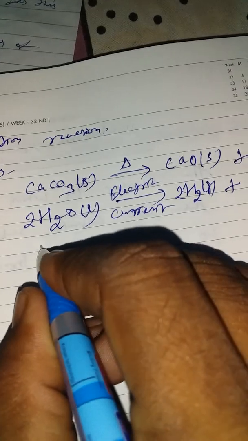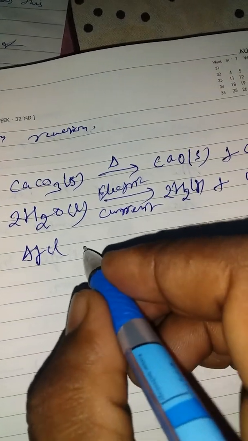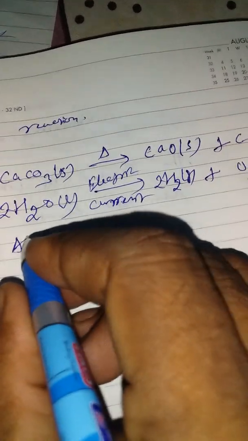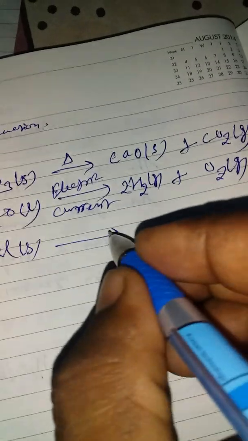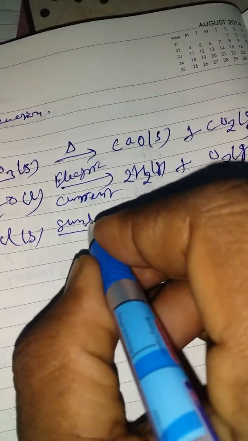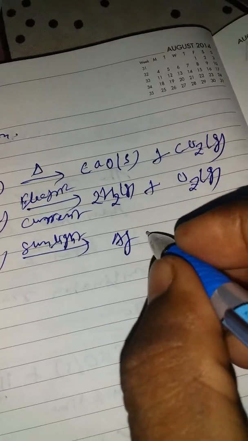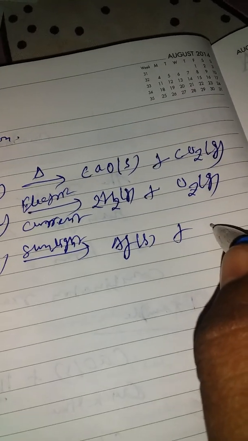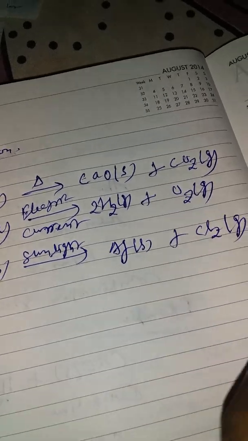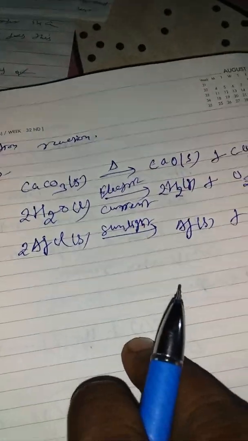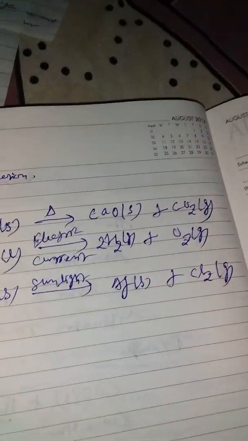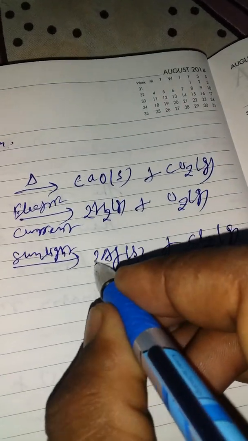And third, silver chloride, AgCl, in the presence of sunlight, it decomposes into silver in the form of solid and chlorine in gaseous form. We have to balance this chemical equation, so we use 2 as a coefficient in AgCl and we write 2Ag.